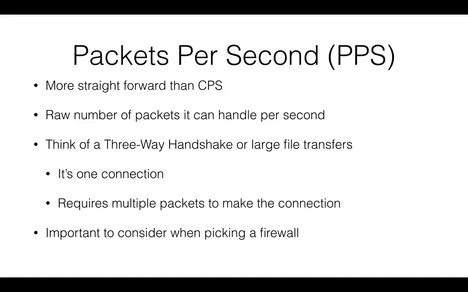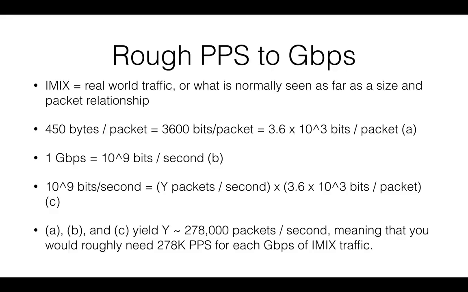Now when we look at packets per second, we can do some math and figure out how many packets per second equates to how many gigabits worth of traffic we might need. This is what we were talking about a little before when I said the word iMix, or internet mix. Basically, iMix is a profile based on statistical sampling done on various internet routers.